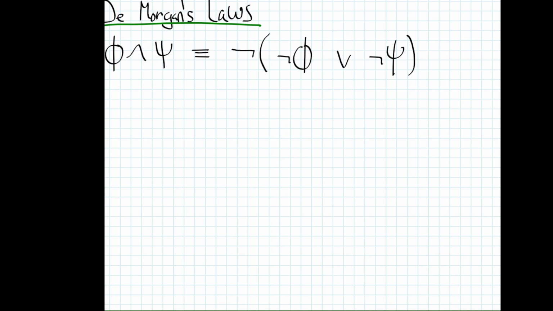What we're trying to say here is the conjunction operator is exactly equal to the negation, the whole negation of the entire operation. So let's say A and B.